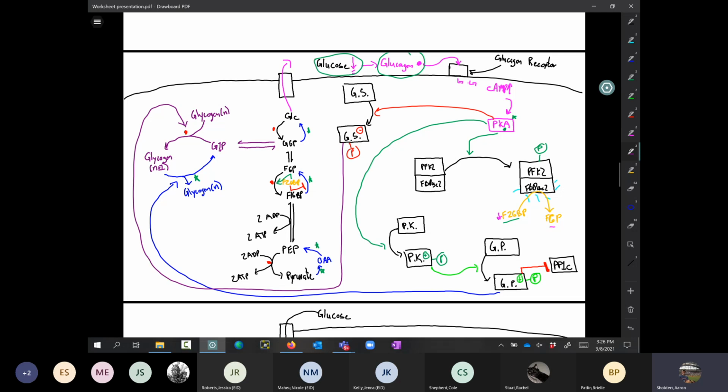Okay, now let's see if we can't untangle this mess here and do the opposite now. And that would be, what if this happens? You eat a meal. Okay, and you say, oh no, what if I eat a meal? What is that going to do? So that is going to, of course, cause glucose concentrations to go up.